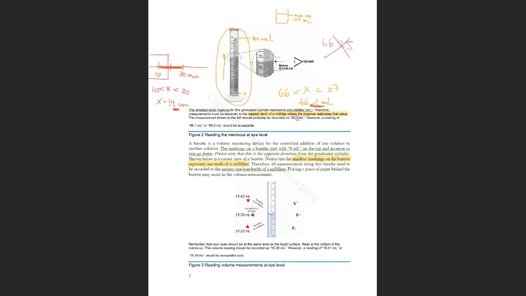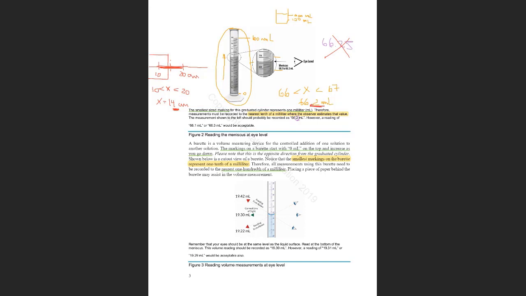But another thing that we have to be careful about is, of course, we are doing this experiment virtually, but you need to learn that if you are in a lab and you are measuring that volume, you add the liquid inside that graduated cylinder, and you have to place your eyes at the level of the liquid.